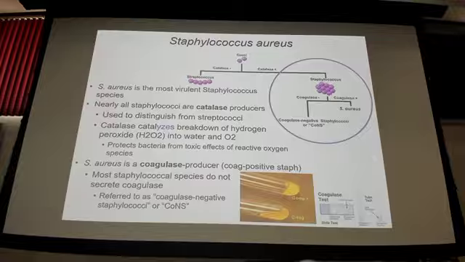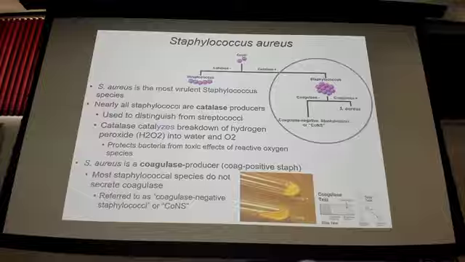You can do a tube test or you can do a slide test, but both have the same principle. If they produce coagulase, the coagulase will convert soluble fibrinogen to fibrin, and you get like a clumping reaction going on. If it's a coagulase negative species of staph, you don't get that coagulation reaction, and it remains liquidy.